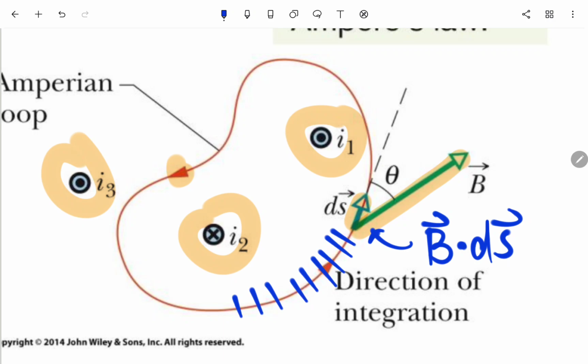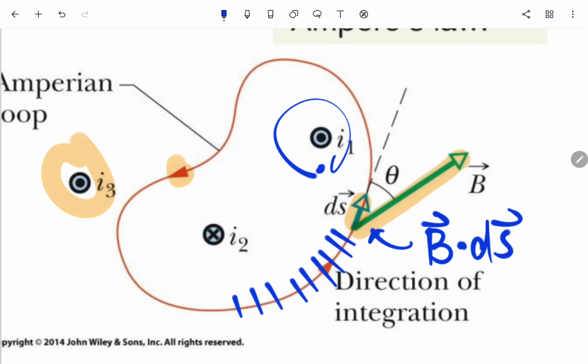Here, this is a loop, so we also count whether the current is enclosed by the loop. This is pretty straightforward. I1 here is of course enclosed by this loop.